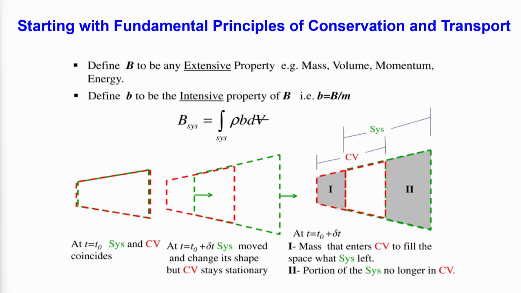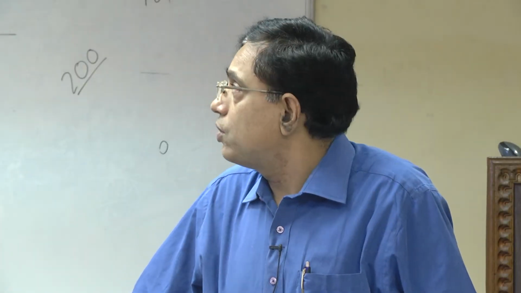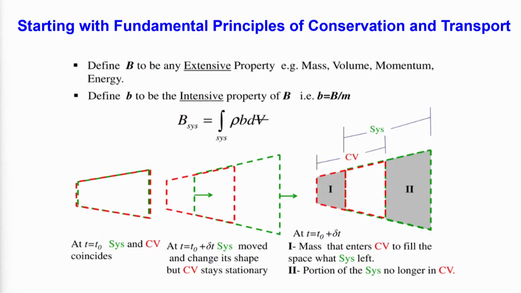Whatever is to the left of that is 1 and whatever is to the right is 2, and as per the direction in which the mass is moving, across 1 mass is entering the control volume and across 2 mass is leaving the control volume. We define capital B as any extensive property, that means a property for the total mass, that is mass, volume, momentum, energy, etc. We also define small b, which is capital B per unit mass, called the intensive property.